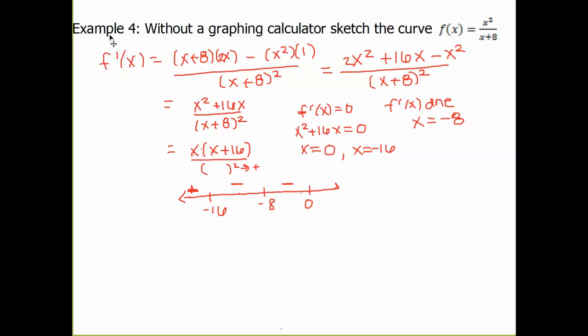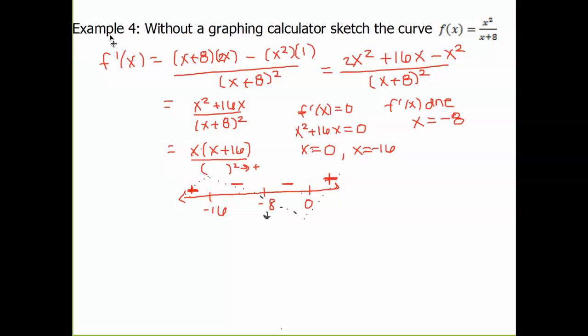And plugging in 1 or 2, you have positive, positive, positive, positive. So that tells me that my original function is increasing, decreasing, decreasing, increasing.